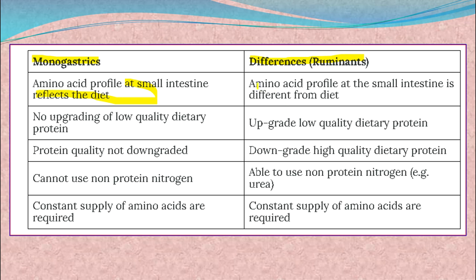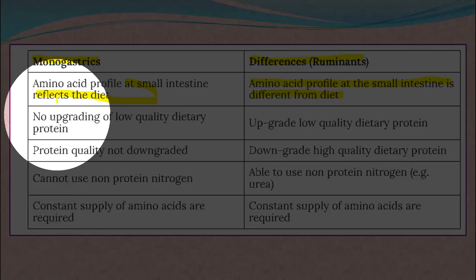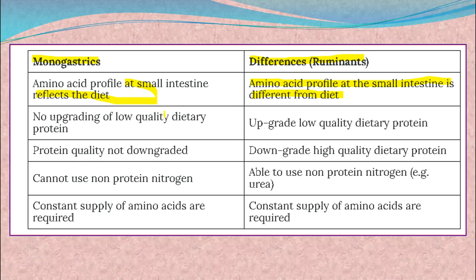Whereas in ruminants, the amino acid profile at the small intestine is different from that of the diet, because rumen digestion also takes place here. So there is a difference in the amino acids, and there is no upgrading of low quality protein in monogastric animals.